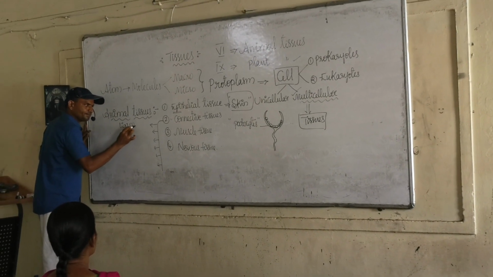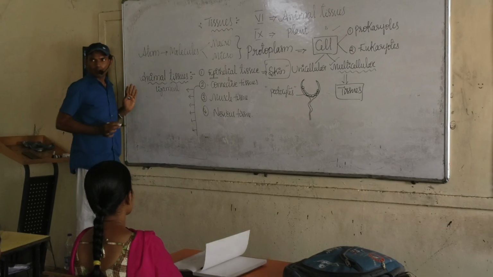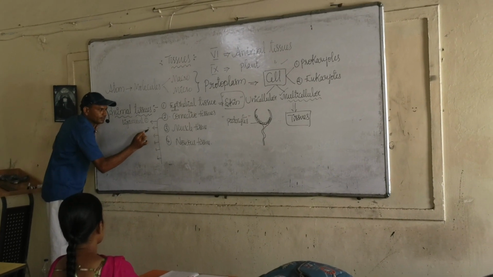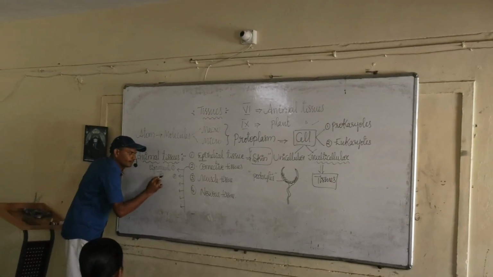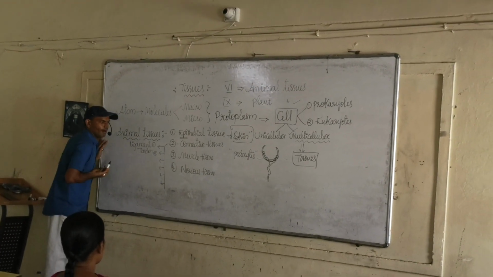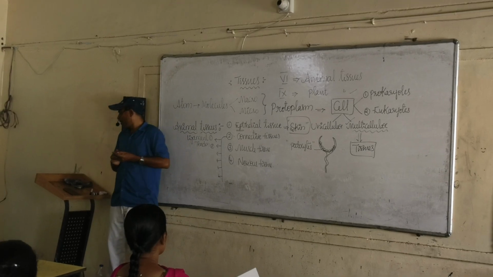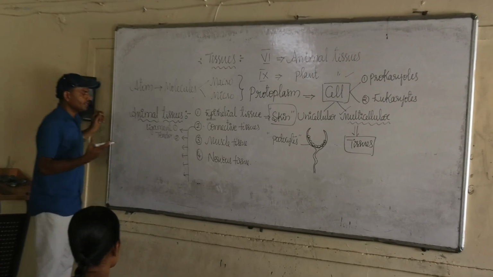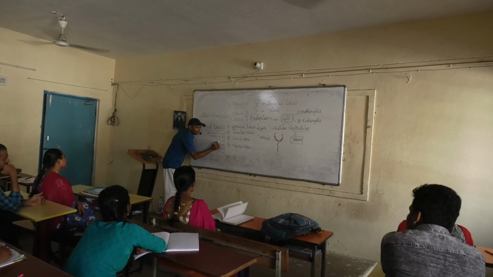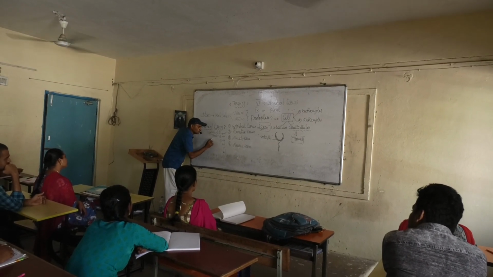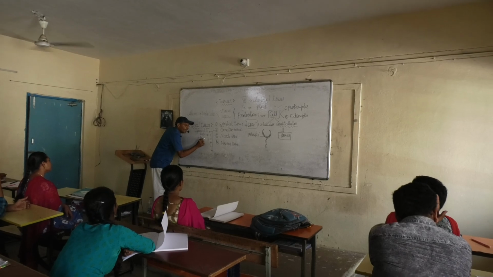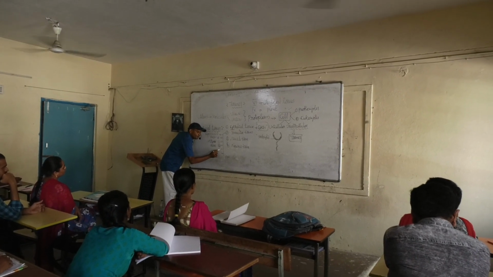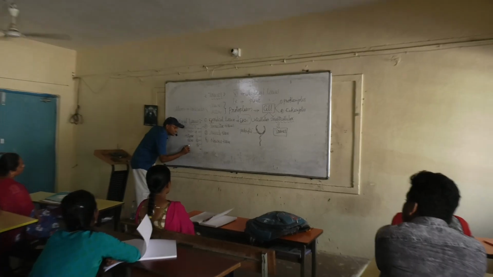Now the connective tissues include number 1, ligament. This is completely from 6th class. Then another connective tissue is tendon. First one, ligament. Second one, tendon. Third one, adipose. Fourth one, bone. Fifth one, cartilage.